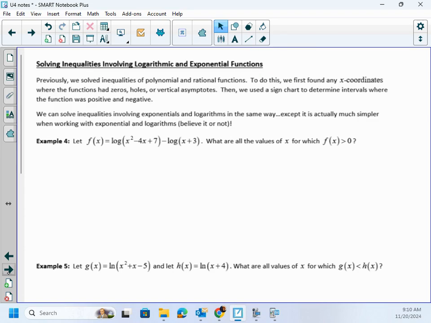Alright. If we are solving inequalities, they start the same way, but just like we've done before for solving inequalities, you have to do a sign chart. So I'm going to start off here at the back, and it's got a subtraction, so I'm automatically going to write it as division.